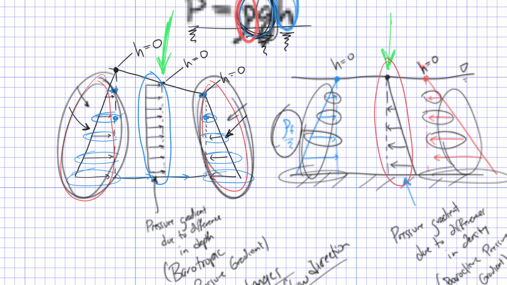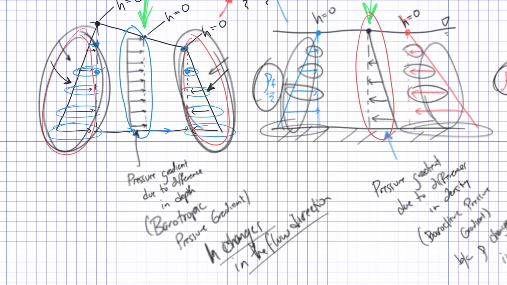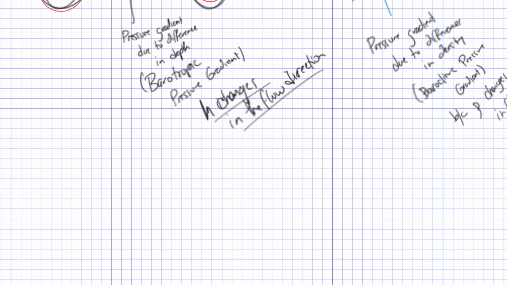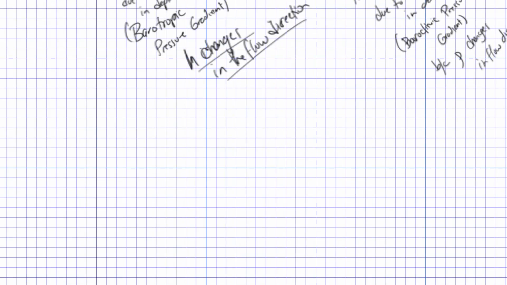Because in a real river, we have both density changes in the flow direction and depth changes in the flow direction. Okay, so let's combine this and this. So here we go. Here's our lovely river. It's sloping downwards. It's got a bed somewhere down here.